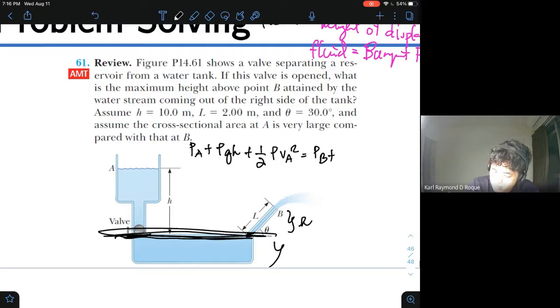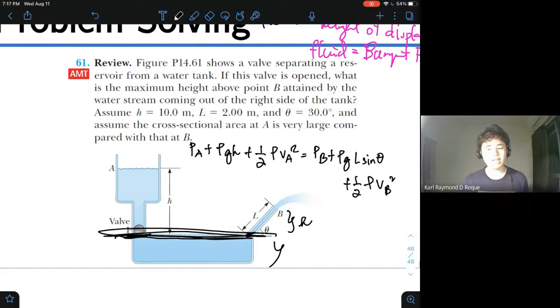Ano to height na to? Rho G L sin theta. Di ba? Plus 1/2 rho VB squared. Yan, di ba? Okay, what's next?